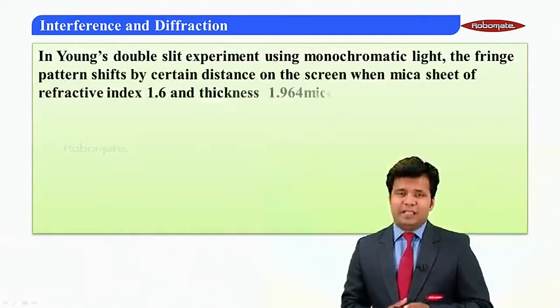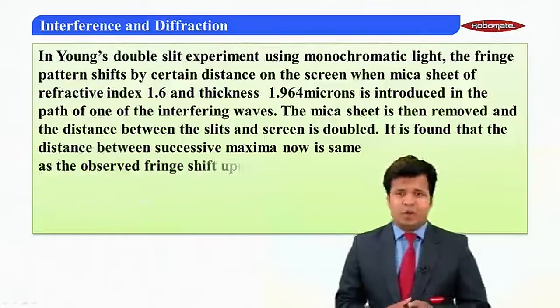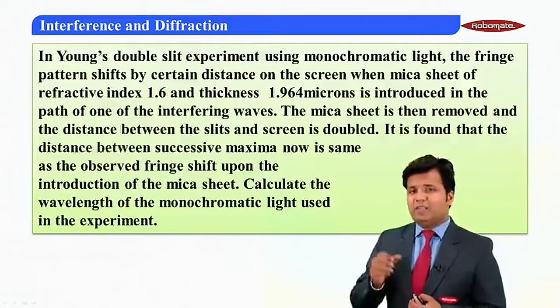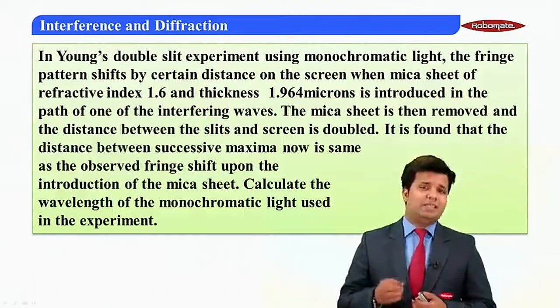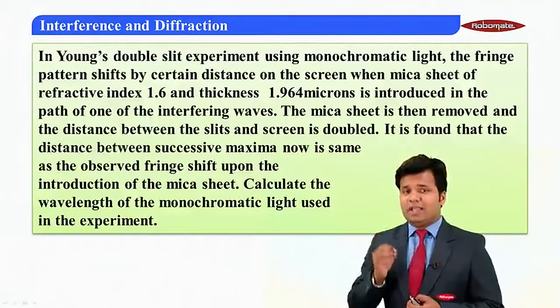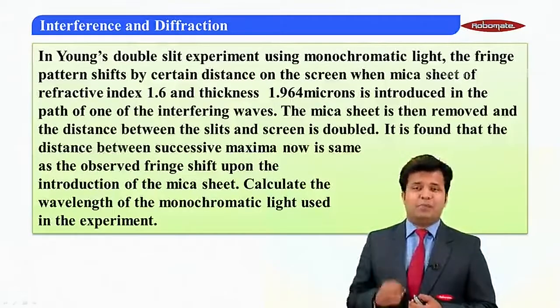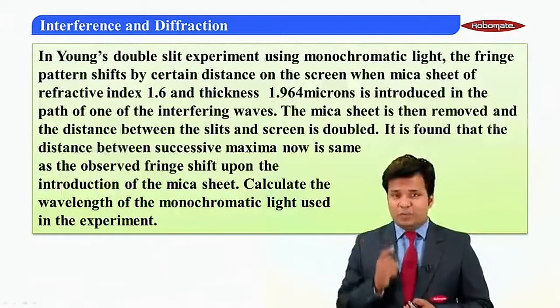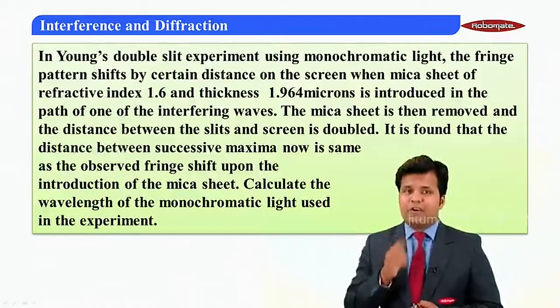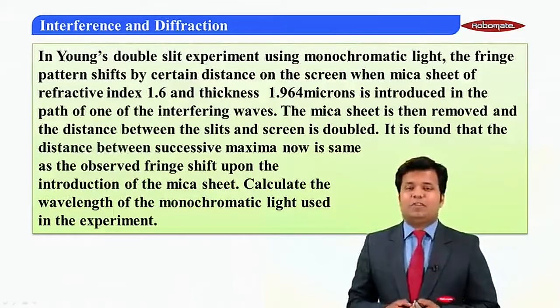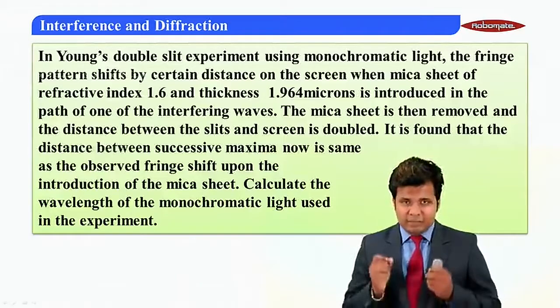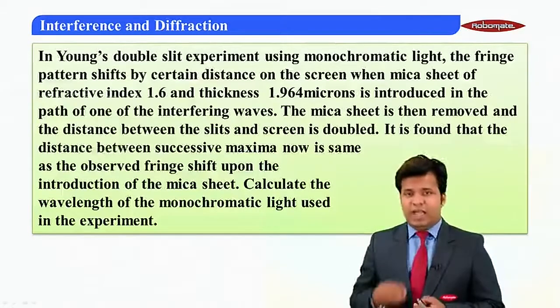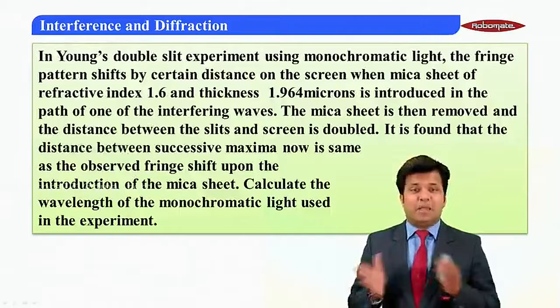The question is: in Young's double slit experiment, on using monochromatic light, the fringe pattern shifts by a certain distance on the screen when a mica sheet of refractive index 1.6 and thickness 1.964 microns is introduced in the path of one of the interfering waves. The mica sheet is now removed and the distance between the slits and the screen is doubled.